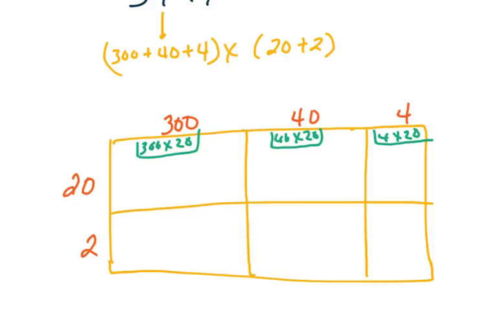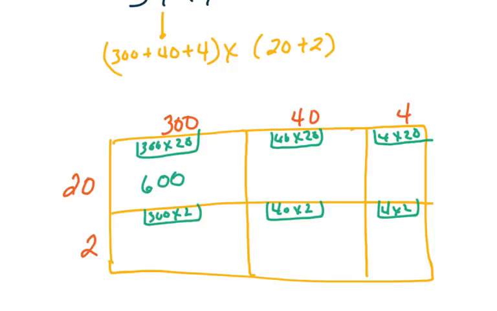Along the bottom, you're going to show that you're going to distribute that too. 300 times 2. 40 times 2. And 4 times 2.